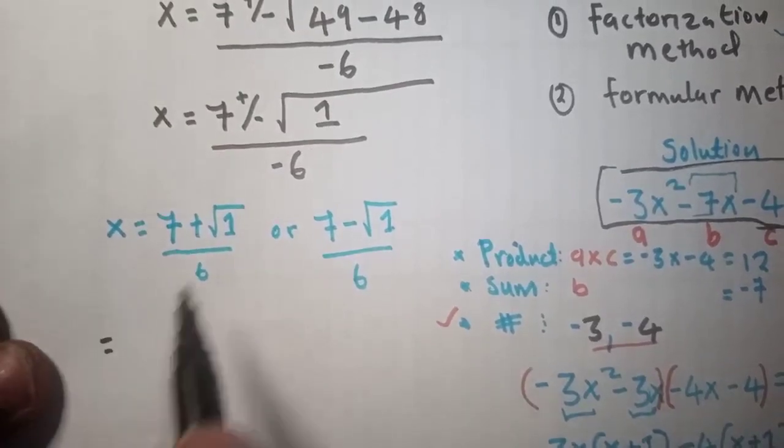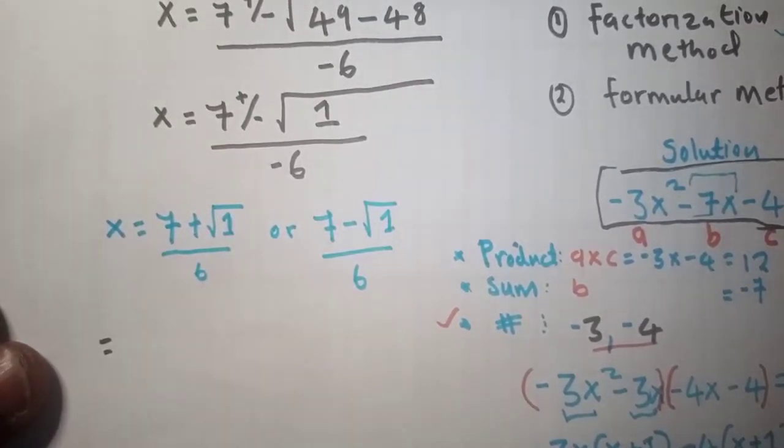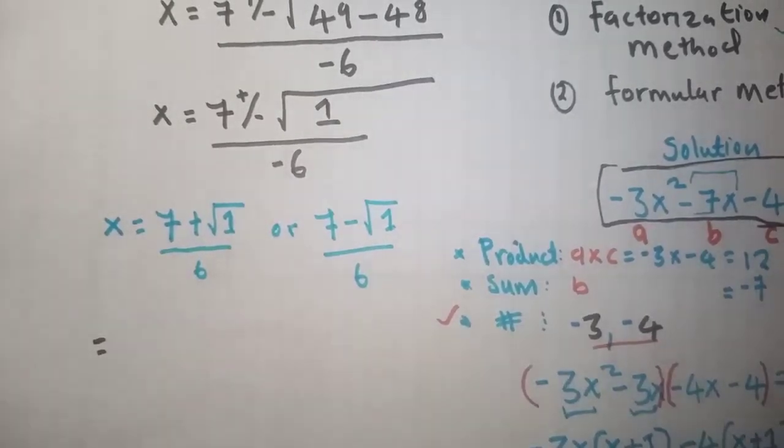Okay, so when you say 7 plus square root of 1, that is 8. Square root of 1 is 1. Okay, so you don't have to do it in your head. This is paper 2. At least you can utilize the calculator.